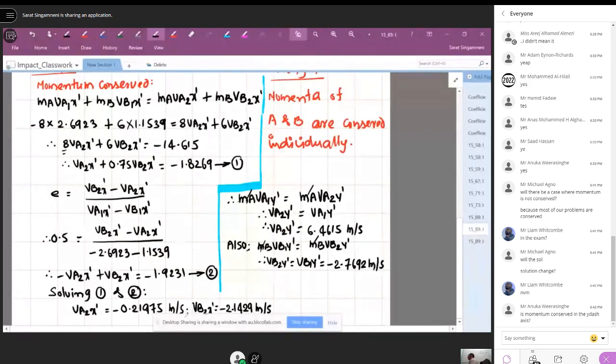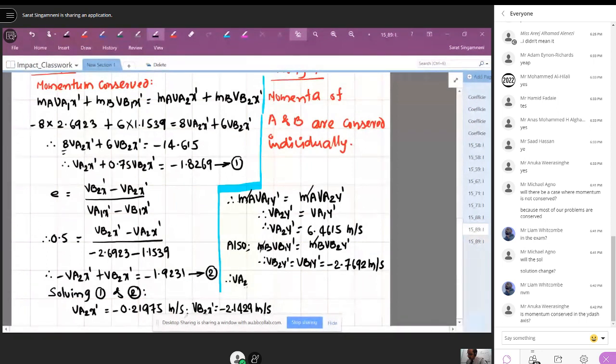Now we have the x dash and y dash components of the velocity of A after collision. We need to add the two to get the total velocity.